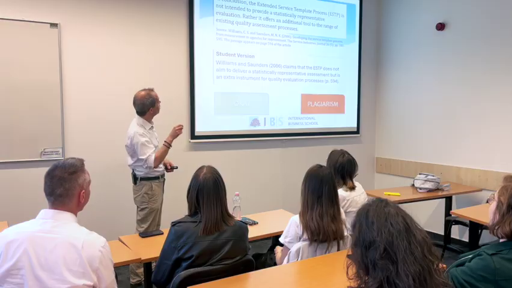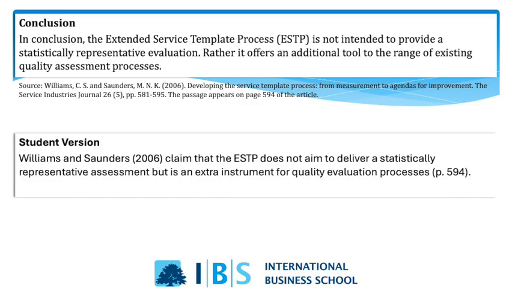Because if you look very carefully, all I did is I went phrase by phrase, word by word, and simply exchanged them for their synonyms. Instead of extended service template process, I wrote ESTP. Instead of saying is not intended, I wrote does not aim to. Instead of writing to provide, I wrote to deliver.